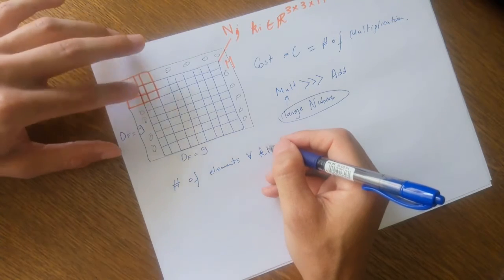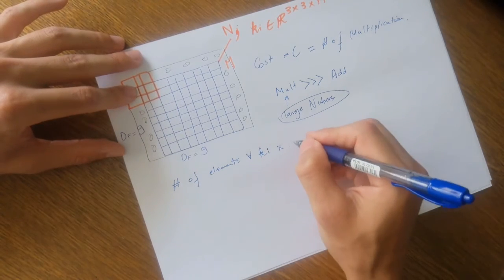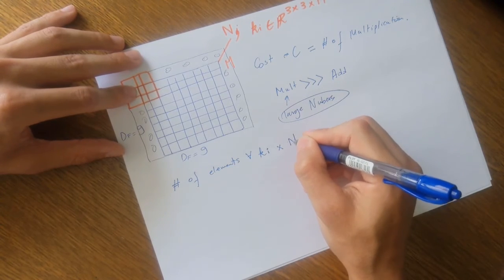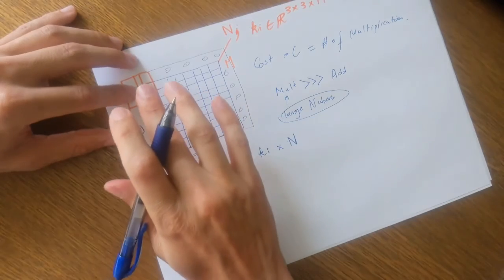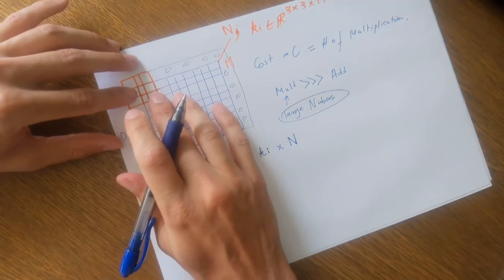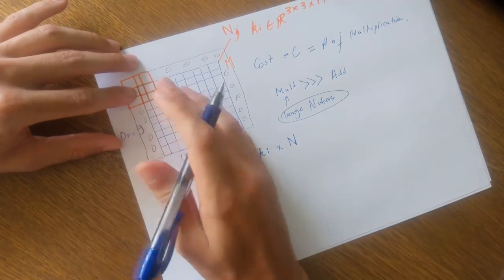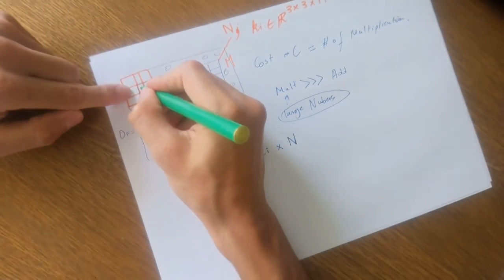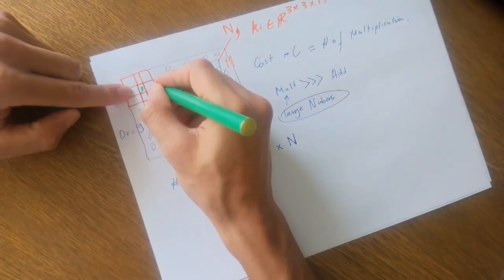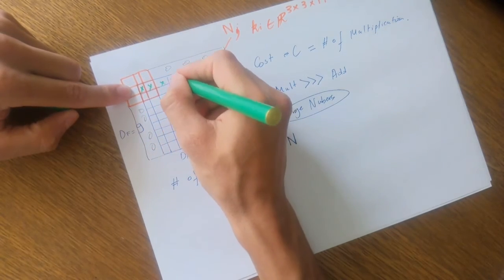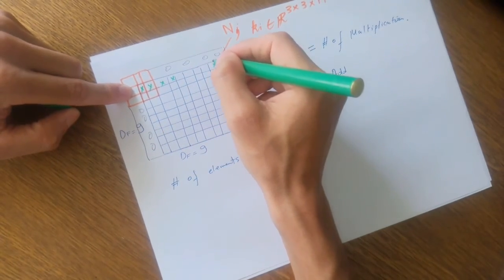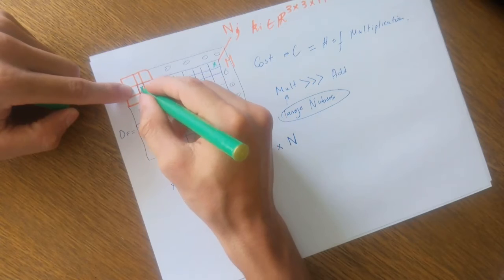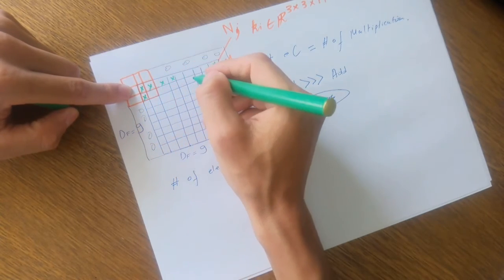Then we need to multiply that by the number of kernels, which is n, right? And now each kernel performs this multiplication wise how many times? Well, it performs multiplication wise at this first position, and then it moves to the next position, third position, fourth position, and so on until it gets here, and then it goes to the next row, right? And so of course we go 1 pixel at a time because we have a stride of 1.